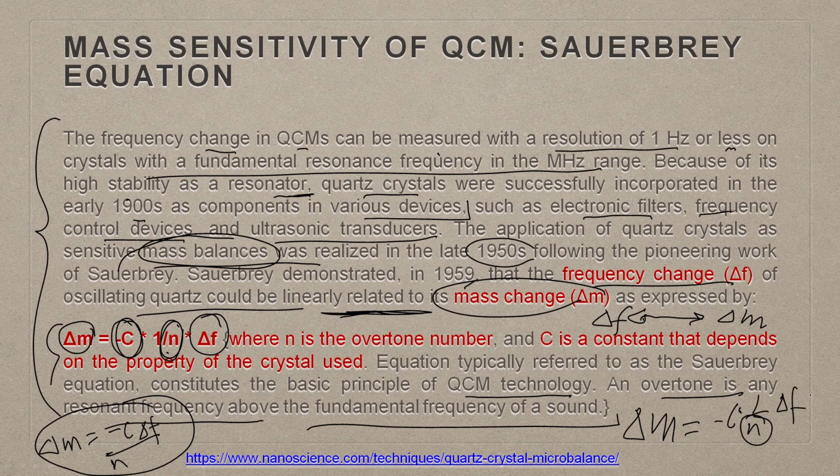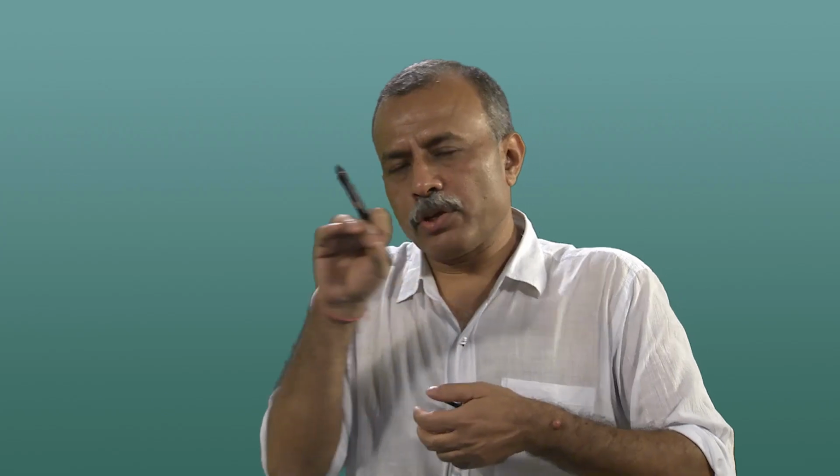By changing the voltage, you can maintain it at a certain frequency, and if you keep the voltage constant, it will continue to vibrate at that unique frequency. But if you add a mass on it, that mass change will alter the frequency.